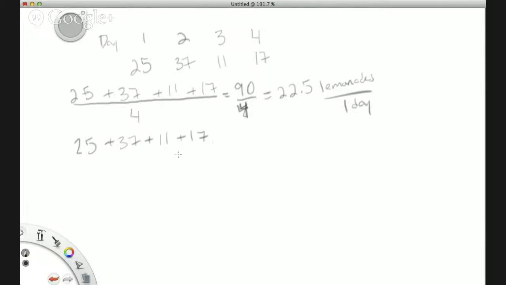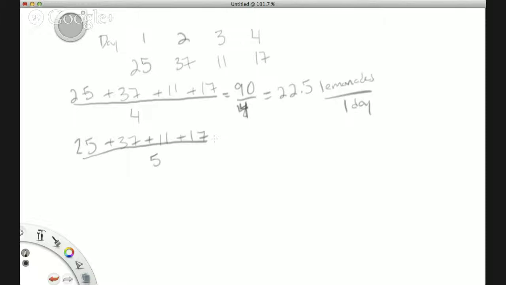So the way you set this up is as follows. You know that you have 5 days, so at some point we're going to need to divide by 5. But the critical mistake that almost every student makes is they just cut it off at this point and say, okay, we know we're going to divide by 5, so they divide the sum of the numbers by 5.